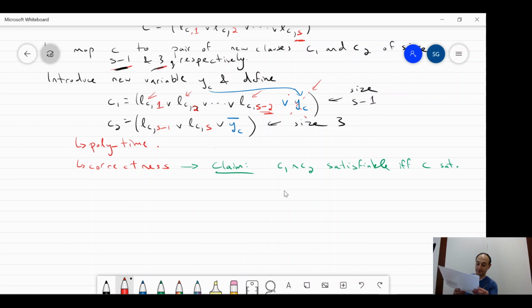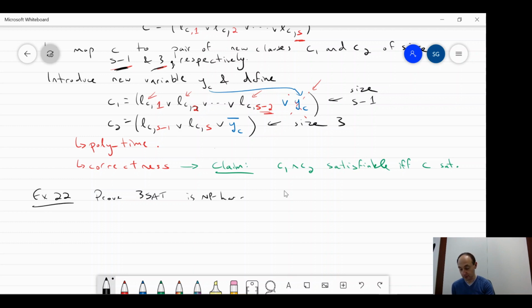And let's see. And here's a cute exercise, which I'll give to you. Okay, just to practice a little bit more in terms of doing reductions, right? So prove that 3-SAT is NP-hard, even if each variable appears at most 3 times.